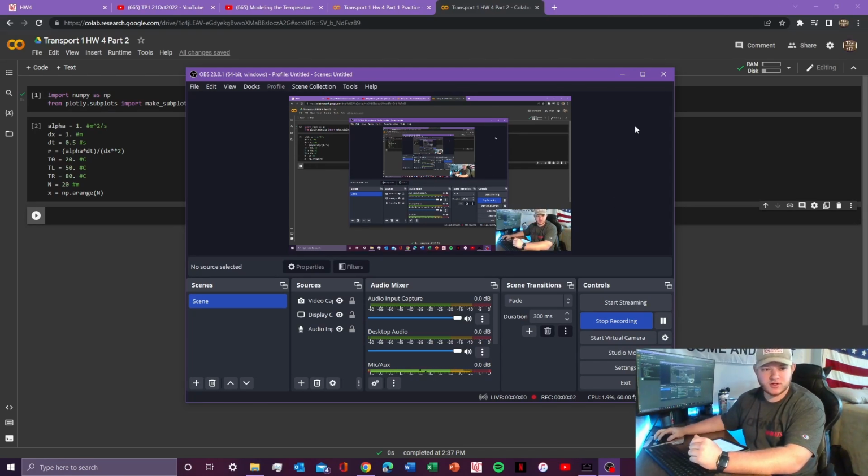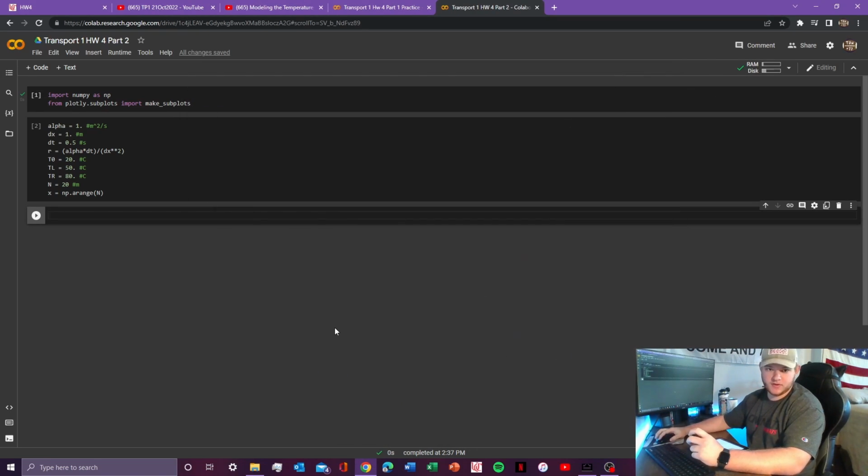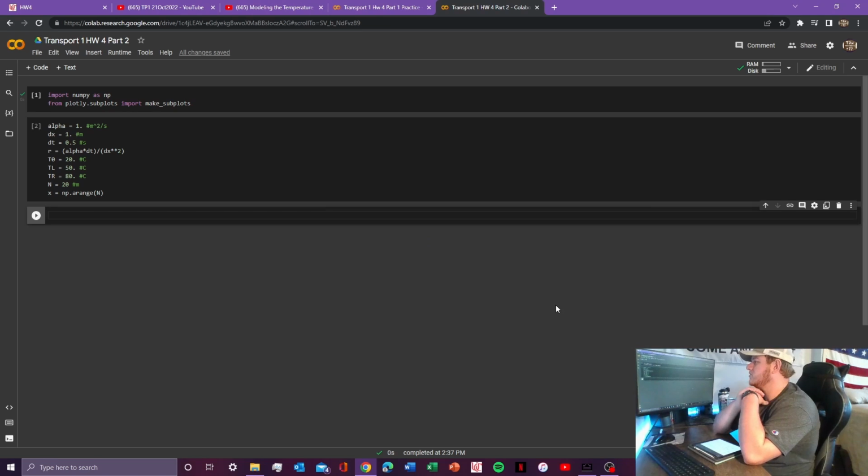All right, part two. We're going to be looking at the coding. So first part here, we imported NumPy as np, and then from Plotly subplots, we're going to import the plots. From the homework guidelines, our alpha value, the thermal diffusivity, is going to be 1 meter squared per second.